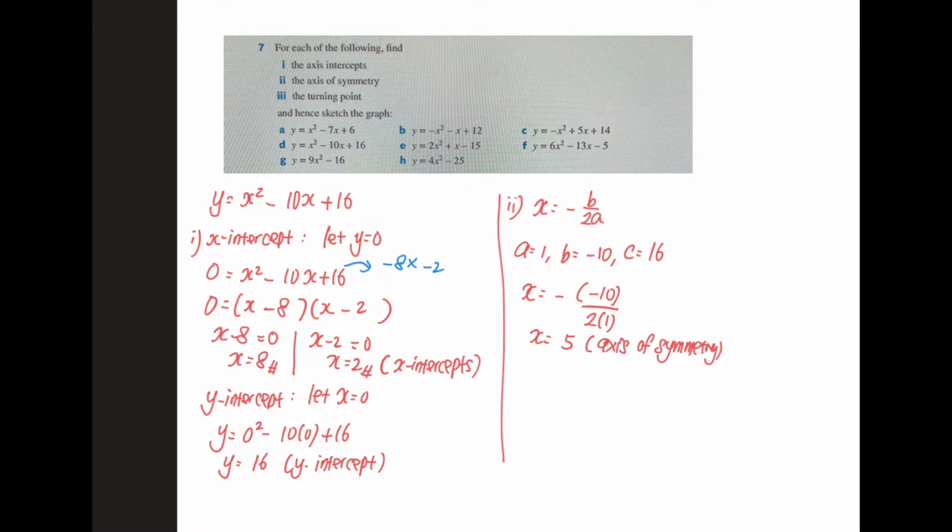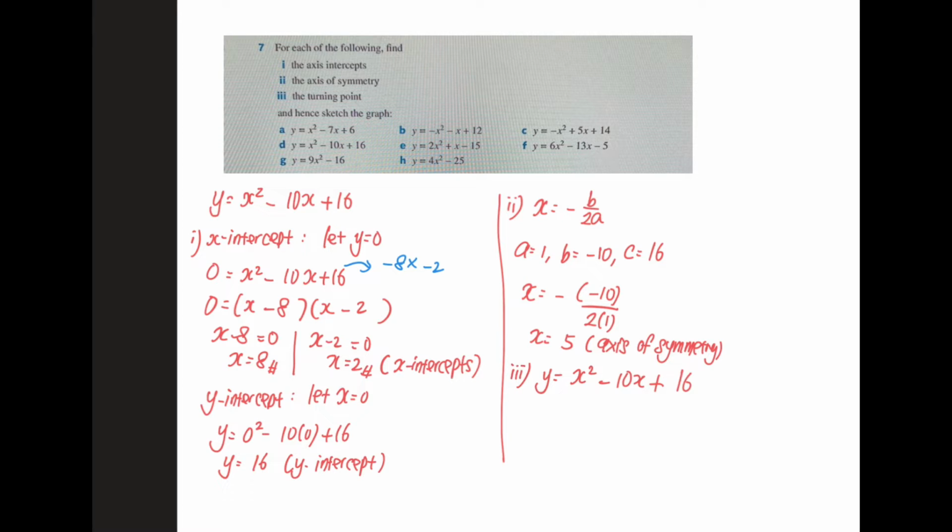Okay, now the next one, part 3, we have the turning point. Of course, to find the turning point we have to do completing the square. So I put it here, part 3: y equals x squared minus 10x plus 16.